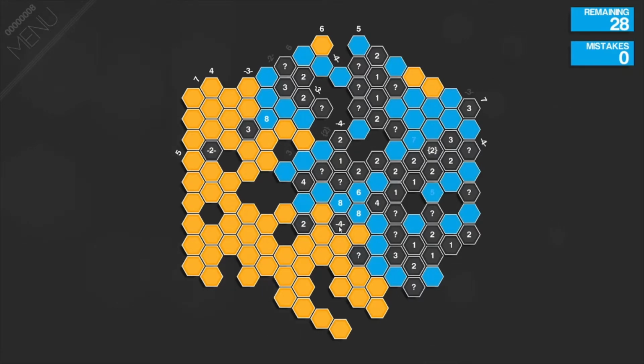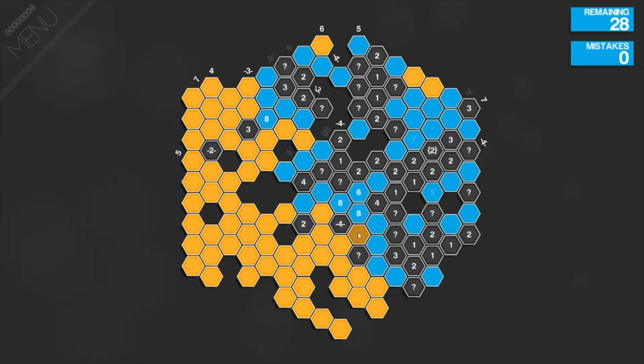So 1, 2, if this were a bomb, we know this can't be a bomb, and this can't be a bomb because of this 4 with the dashes. So it'd be 1, 2, 3, this can't be a bomb, otherwise they'd be consecutive, and because of the 6, if this one is a bomb, this one cannot be a bomb. And so this tile and this tile would need to be marked. And the reciprocal is true.